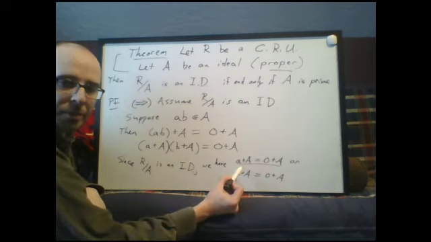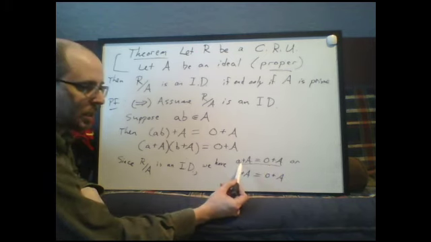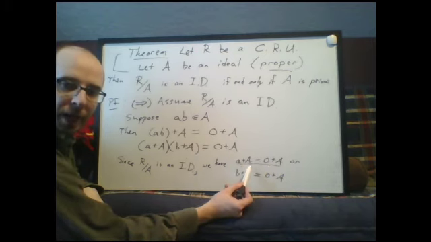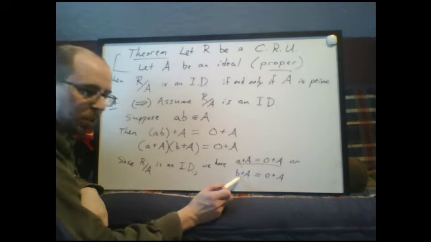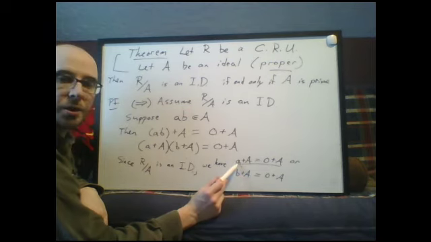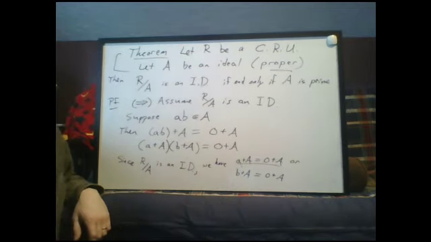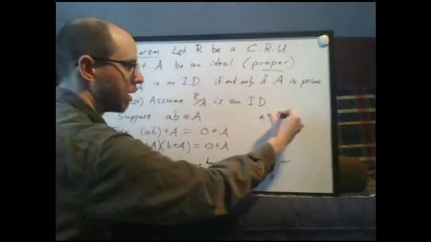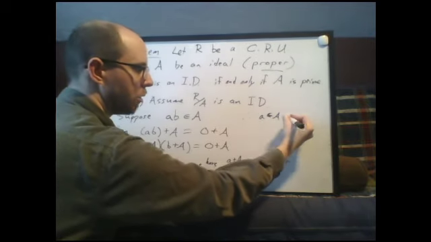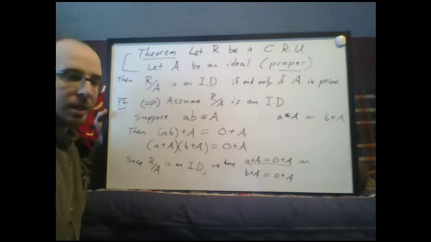If the first happens, if a plus capital A is 0, that tells me that little a is already an element of capital A. If b plus A is 0, that tells me that little b is already an element of capital A. So either way, either a or b is an element of capital A. Let me put that here. a is an element of capital A, or b is an element of capital A. And now we're done.